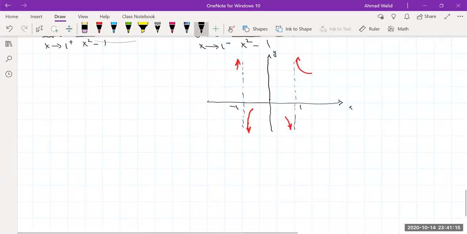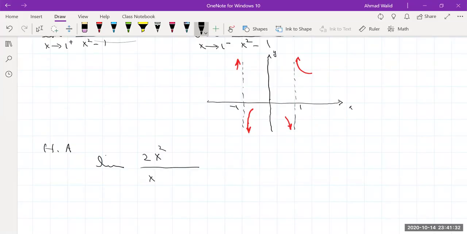Correct? Now, horizontal asymptote, we just covered it in the previous lecture. You take the limit of the function 2x squared over x squared minus 1 as x approaches infinity.